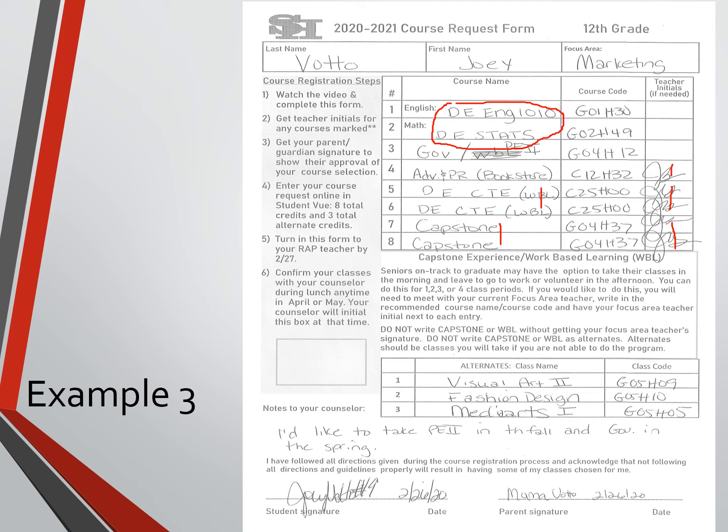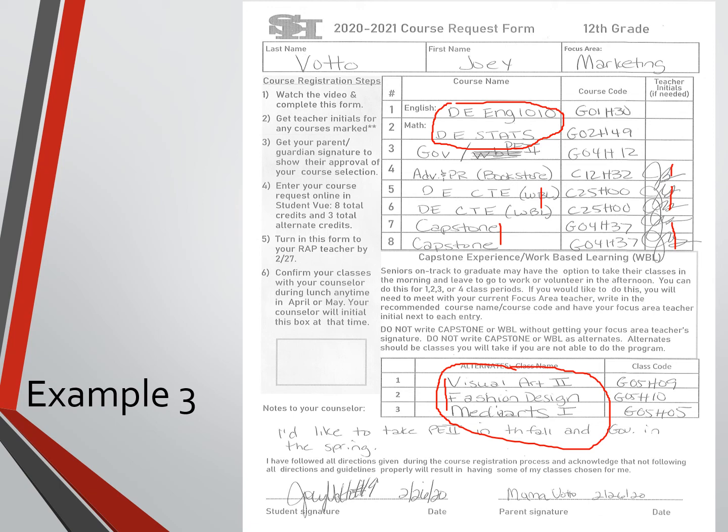Also, notice that Joey put 3 very specific alternate classes down here. That way, if we can't give Joey work-based learning or capstone or his bookstore advertising, then he has plenty of options down here that we can give him that are still within his interests and desires.